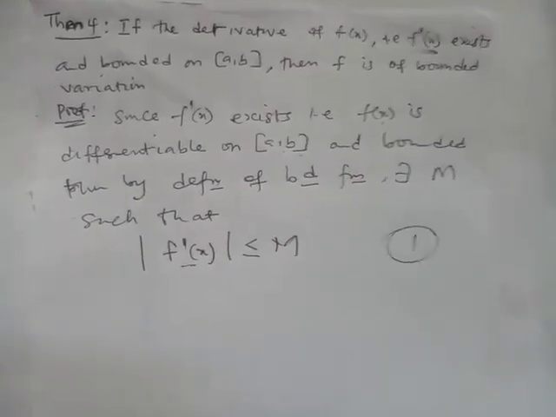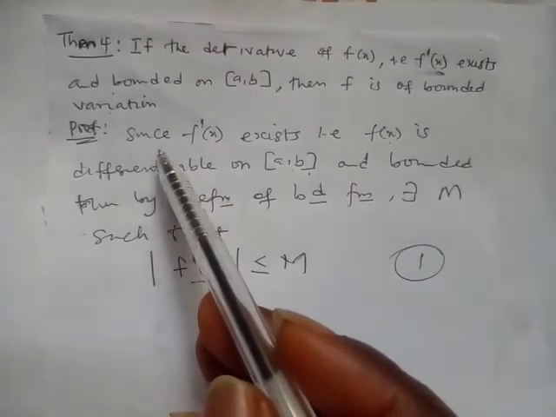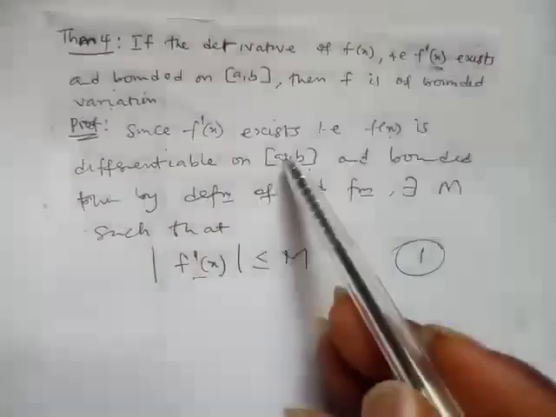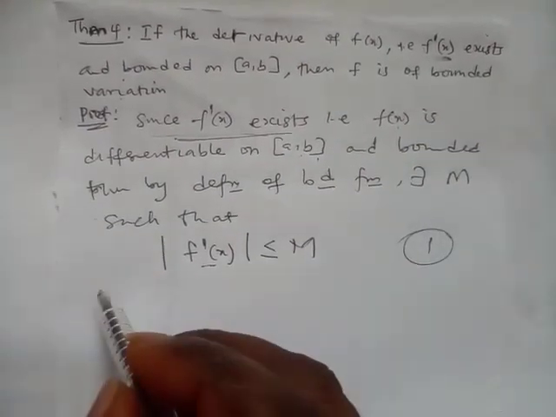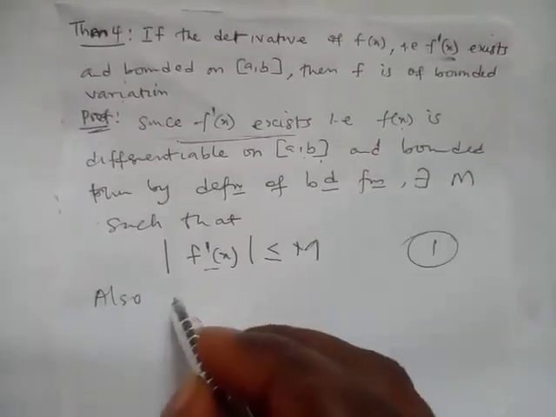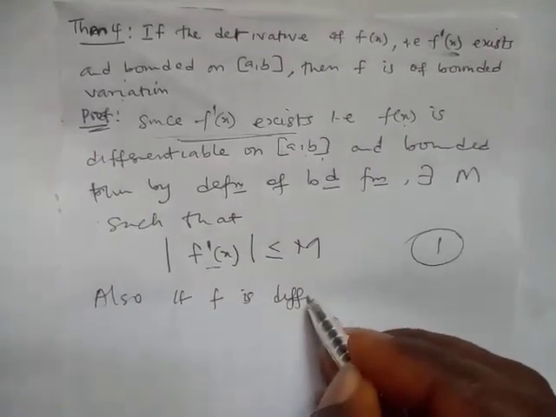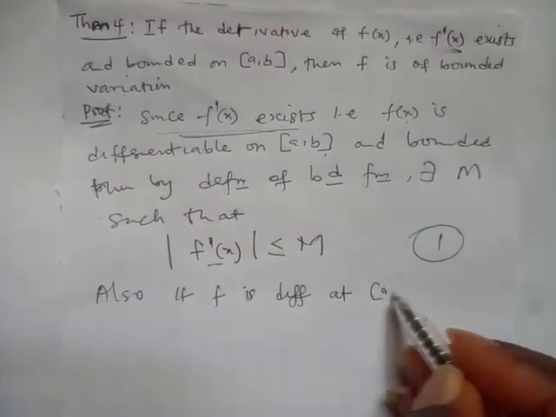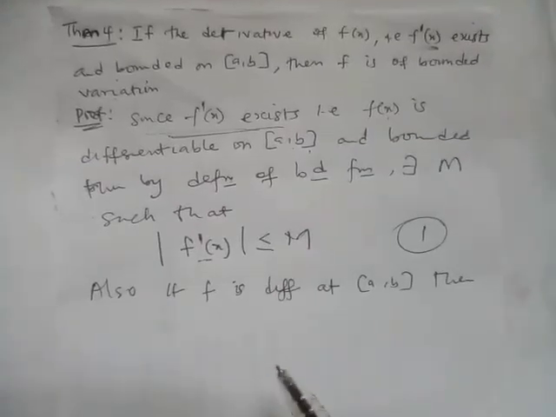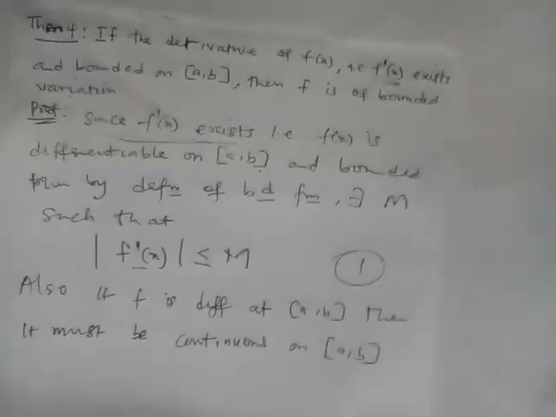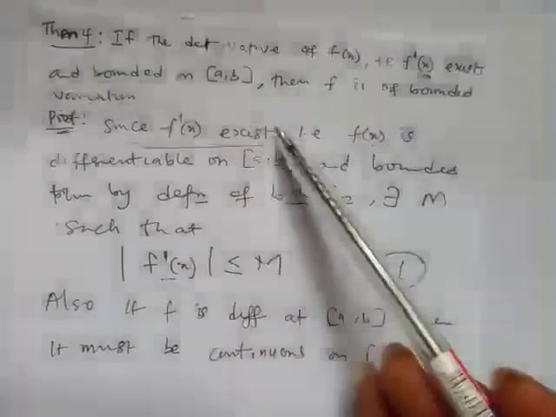Let's keep it. And don't forget that they said f of x is differentiable, that is f is differentiable. Also, if f is differentiable on [a, b], then it must be continuous by the theory of continuity and differentiability. So where we started is this: f prime of x exists and is bounded.